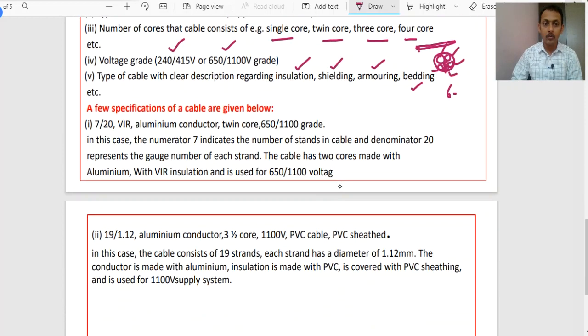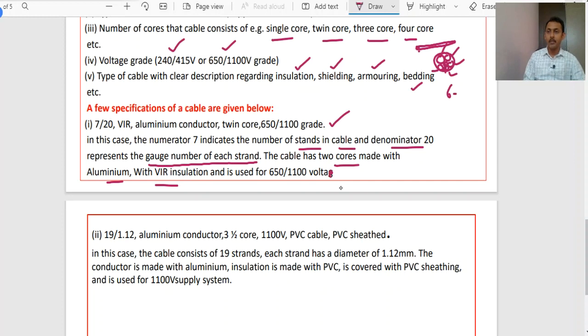For example, if you have come across 7 by 20 VIR aluminum conductor twin core 650 by 1100 grade, it is to be understood as follows: the numerator 7 indicates the number of strands in the cable, the denominator 20 represents the gauge number of each strand, and the cable has 2 cores made of aluminum, the insulation utilized is vulcanized Indian rubber VIR, and the voltage rating at which it can operate is 650 by 1100 volts.